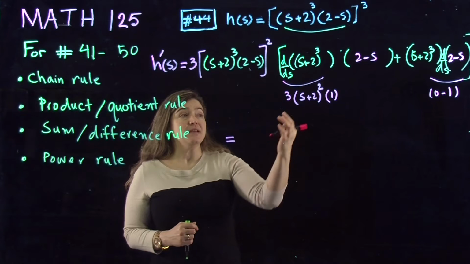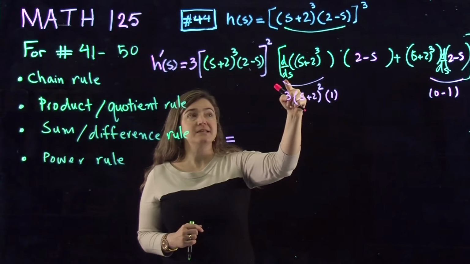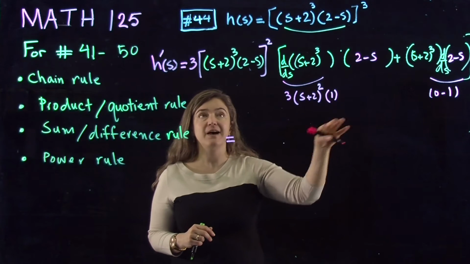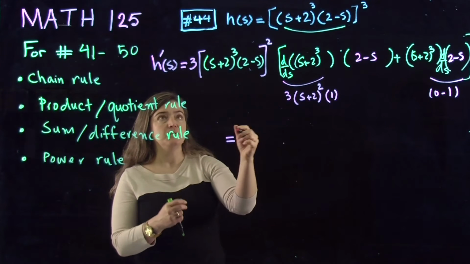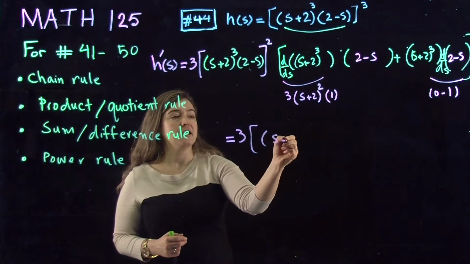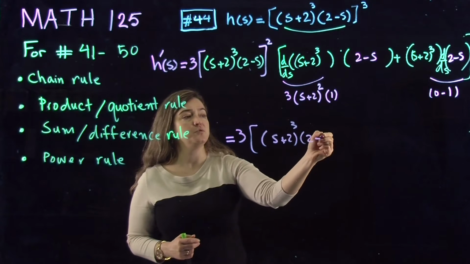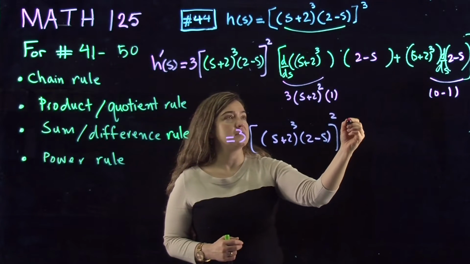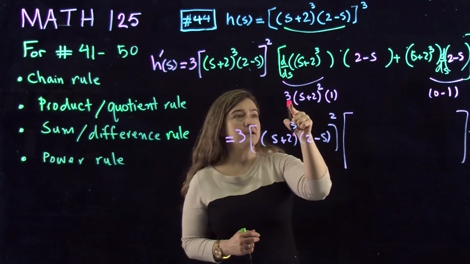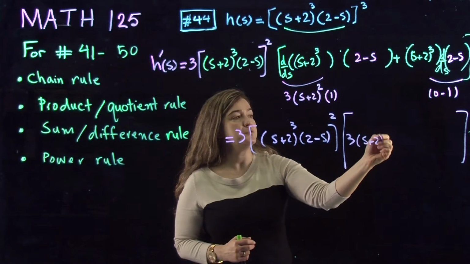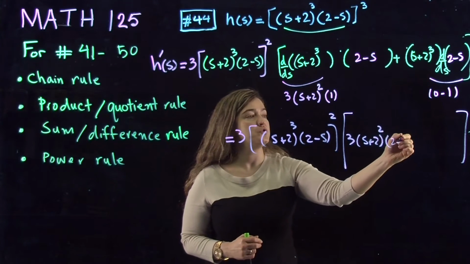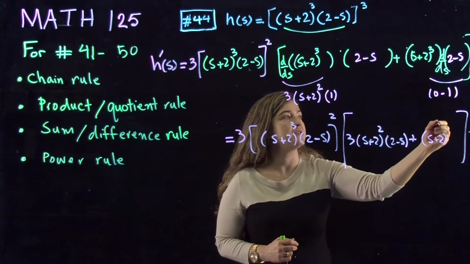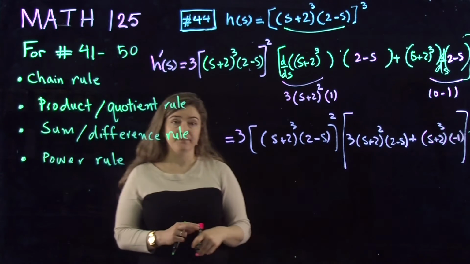The very last step is to rewrite the entire thing, replacing each derivative of the inside function by its value. So we start from here and we rewrite 3 times s plus 2 to power 3 times 2 minus s to power 2 times big parentheses 3 times s plus 2 to power 2 times 2 minus s, plus s plus 2 to power 3 times negative 1.